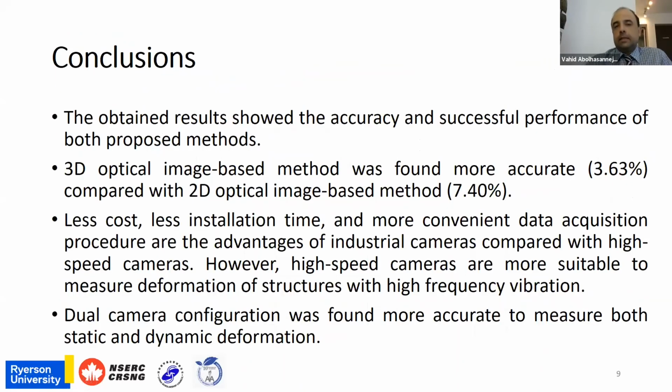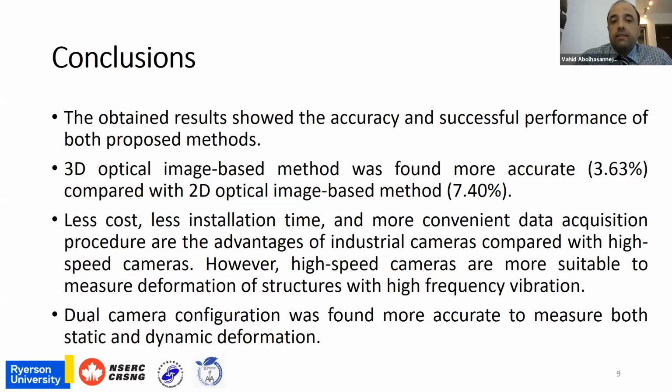To finalize my presentation, we can conclude that we have shown the accuracy and successful performance of both proposed methods, 2D and 3D optical measurement. And also, as you see, the 3D optical measurement method was found more accurate than the 2D optical measurement method.